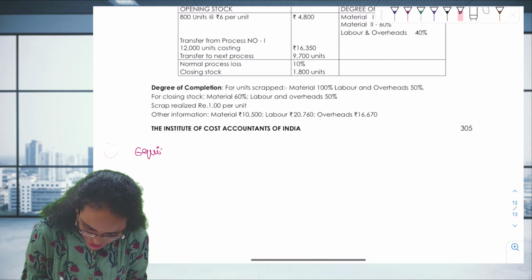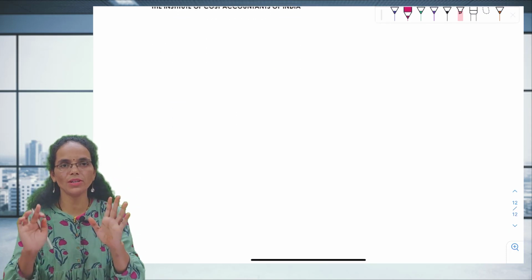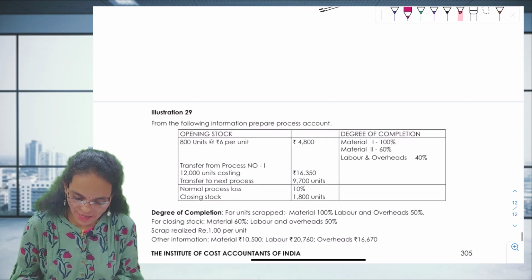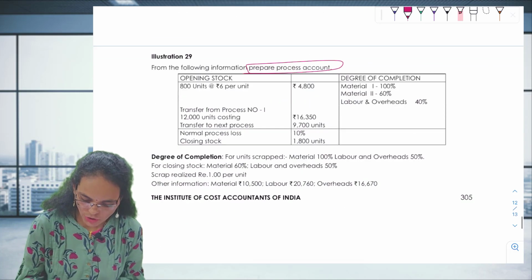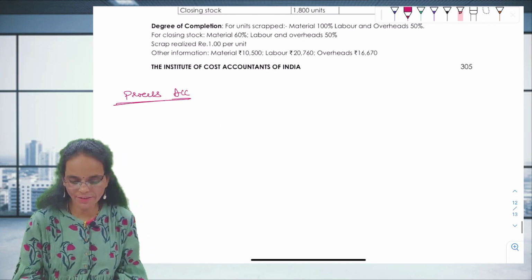See, in the examination, if possible, leave some space, about one page, because he is directly asking only the process account. So here you write process account and leave this space.